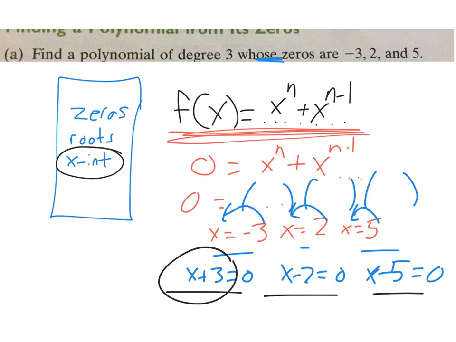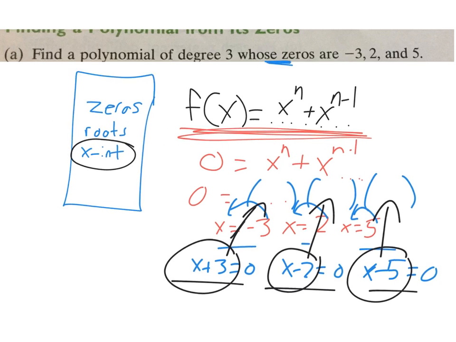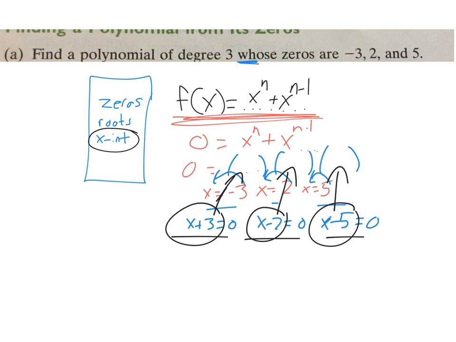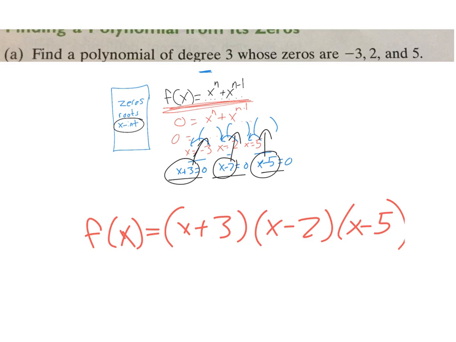So I'm going to take these factors and plug them in to those parentheses. Are you following? So my function is going to be x plus 3 times x minus 2 times x minus 5. All right, and that's my answer in factored form.